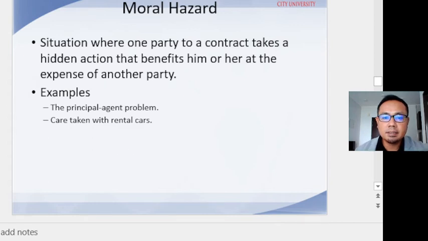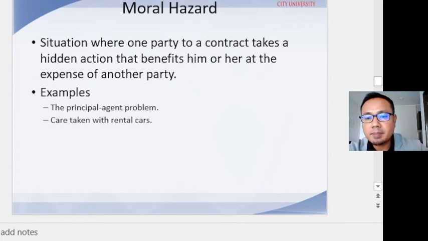And then moral hazard. There is a situation where one party to a contract takes a hidden action that benefits him or her at the expense of another party. Sometimes when two parties engage in a contract, one party agrees to insulate the other party from economic loss.